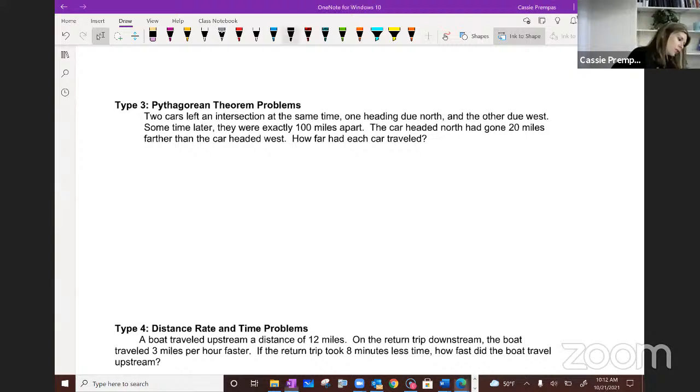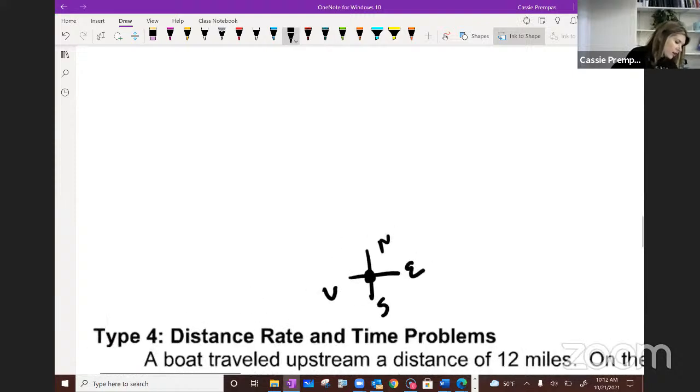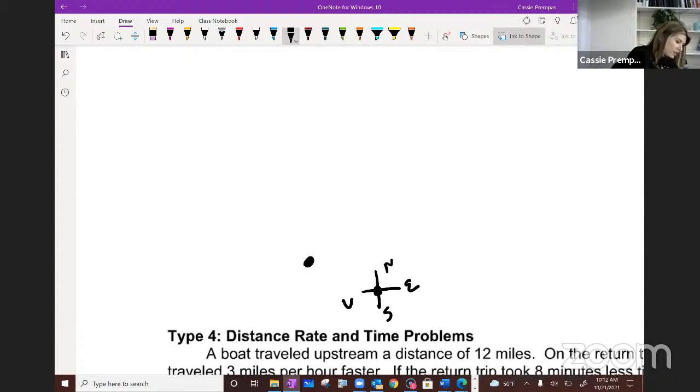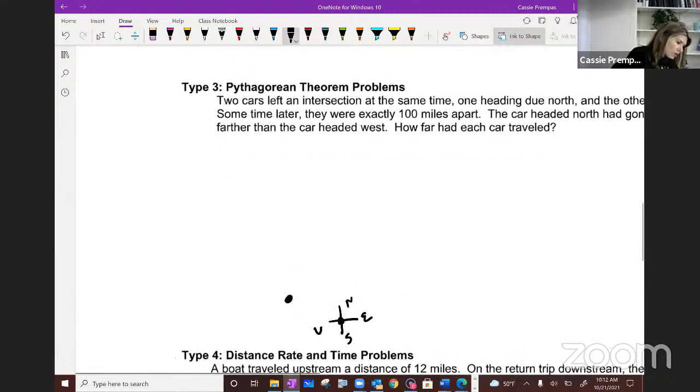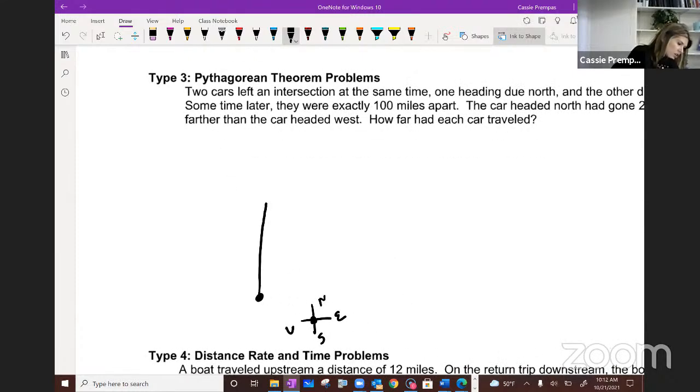Okay, so again, I like to start with a picture. If I'm looking at an intersection, one thing you might want to remember is "never eat soggy waffles": north, east, south, and west. So if two cars are heading from an intersection and one is heading due north, it would be going this direction.